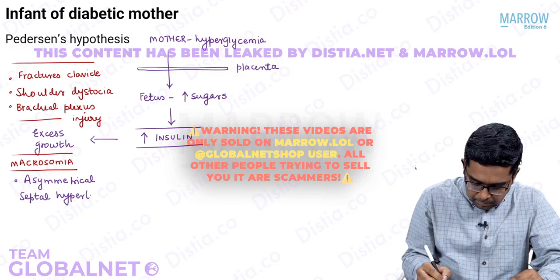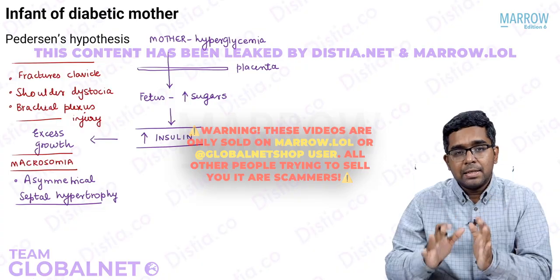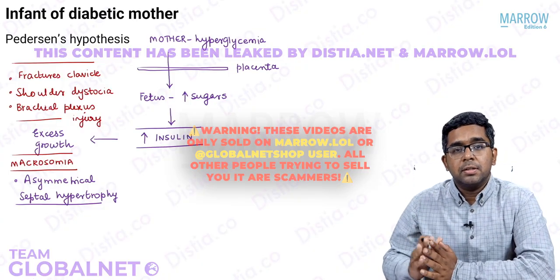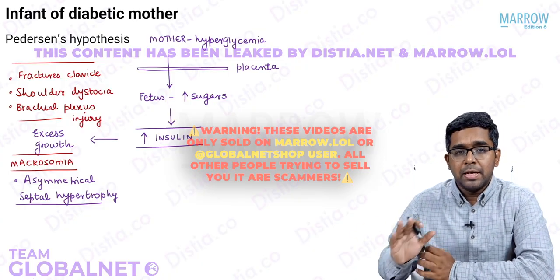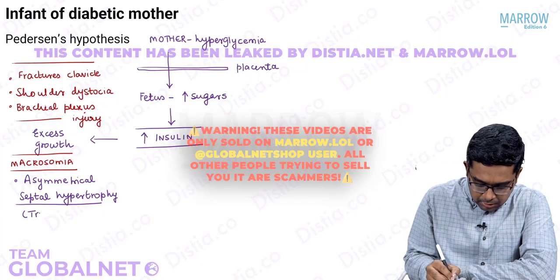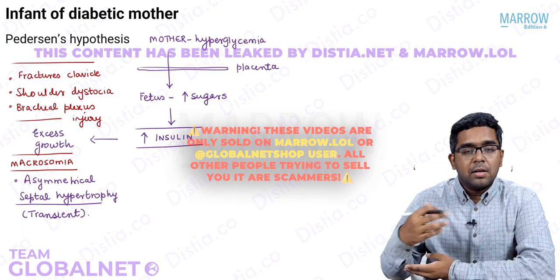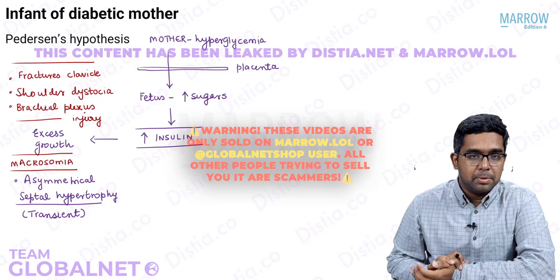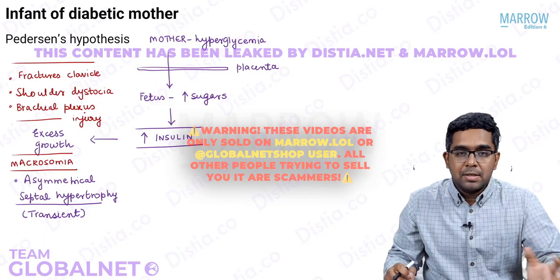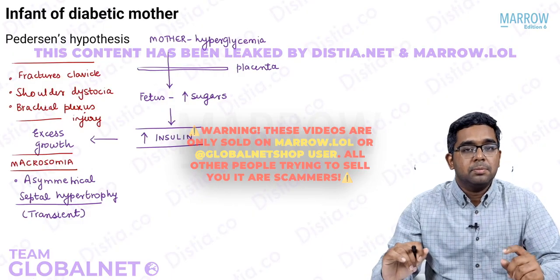Now this asymmetrical septal hypertrophy is like a form of hypertrophic cardiomyopathy. It's not exactly hypertrophic cardiomyopathy because this is only a transient condition, which will resolve after some time after the birth of the baby, right? So this is only a transient condition and cannot be exactly called a heart defect.